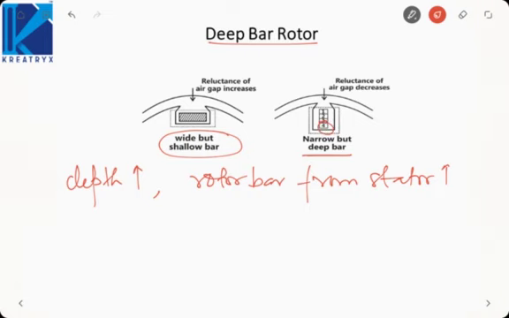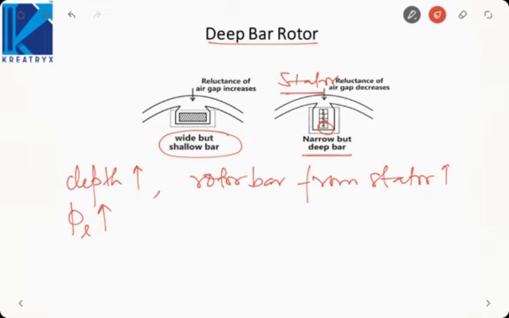The distance of this rotor bar from the stator increases. The farther the rotor bar from the stator, the higher the leakage flux. Or we can say less flux will be linking between the rotor and the stator since the distance is high.